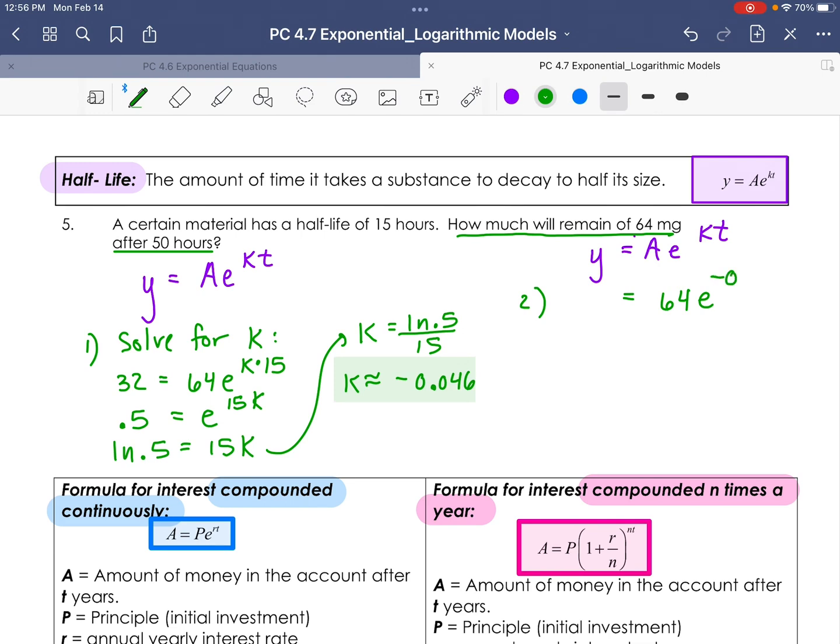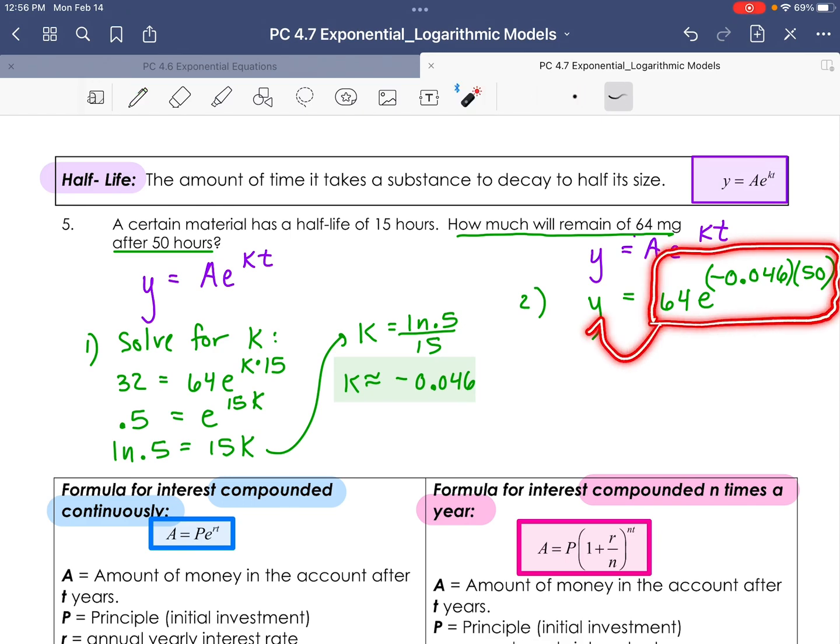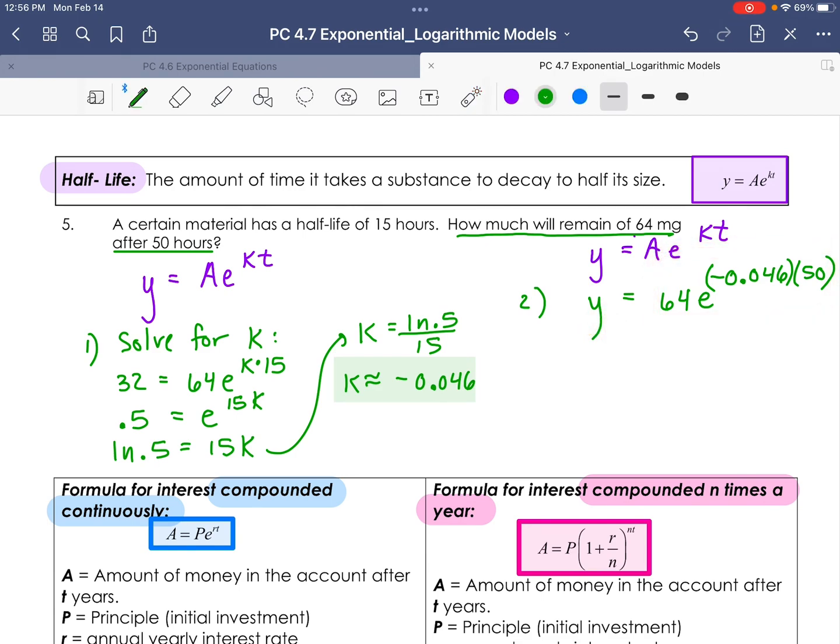Well, I'm going to use my stored K value and plug in 50 hours. So there's no solving an exponential equation. You literally just plug this value in to solve for Y, right? Which, again, practice on your calculator. Make sure you're getting these correct values. I got 6.349 milligrams.